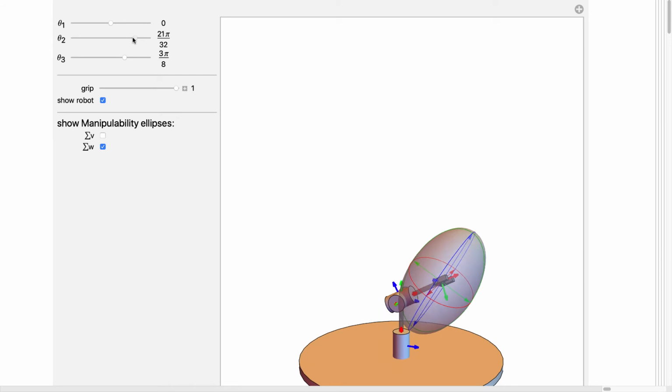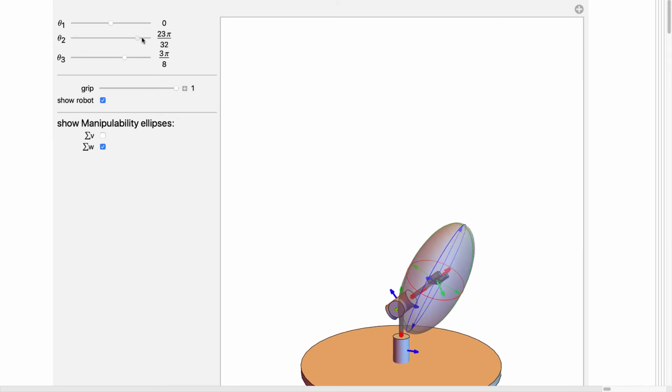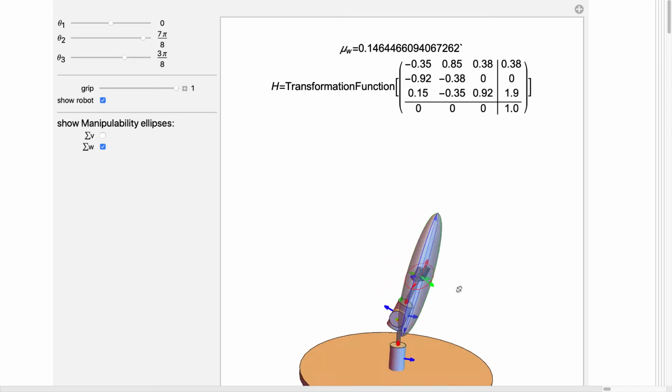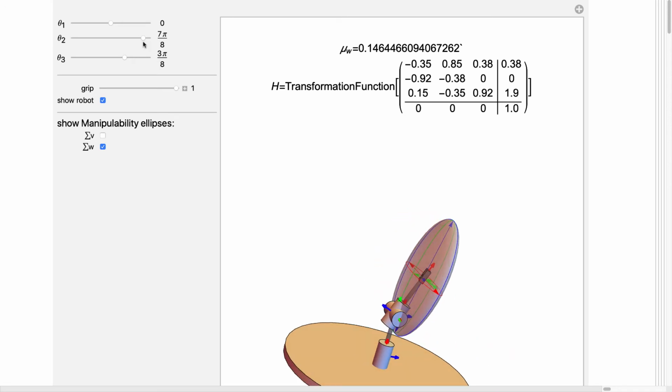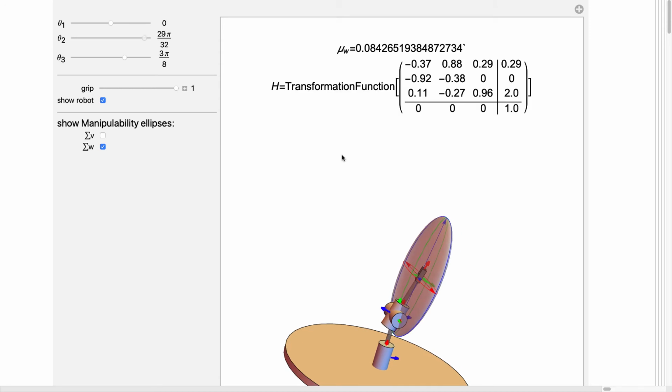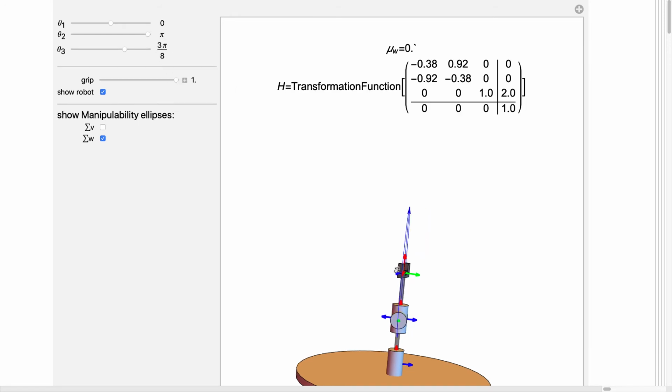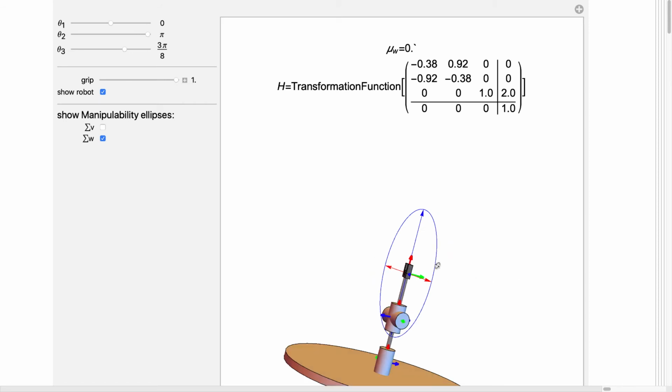As I move towards that singular configuration, this becomes narrower and narrower. You can see that now it looks like a little pancake. As I bring that up farther, it's even more pancake-like. And then when I get all the way up here, it's going to completely shrink. And so there is my singularity.